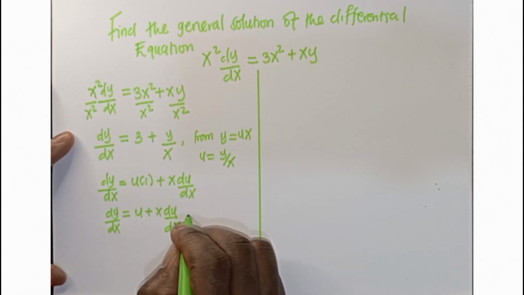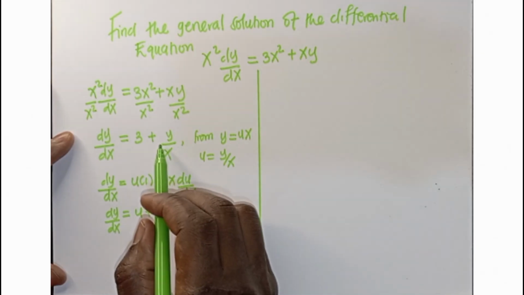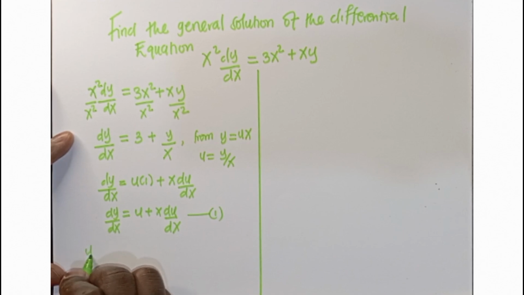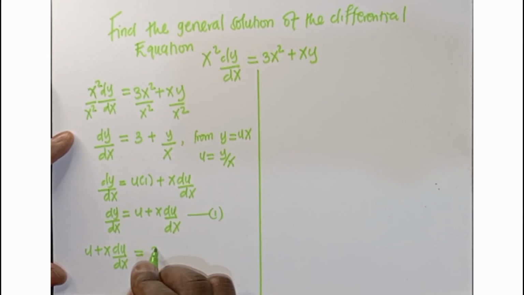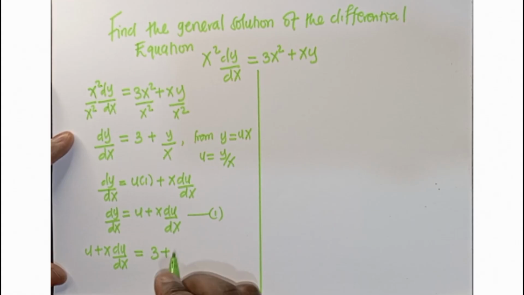So substituting this equation 1 into our differential equation, we shall have u plus x du dx is equal to 3 plus u, since y out of x is replaced with u.